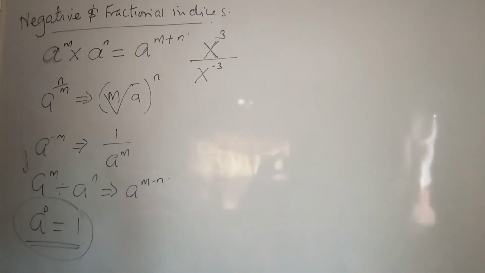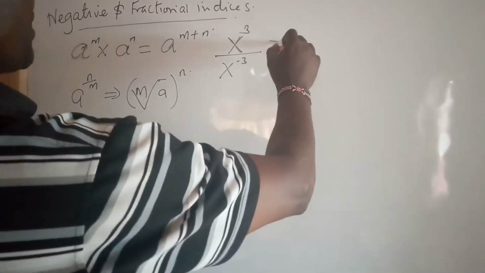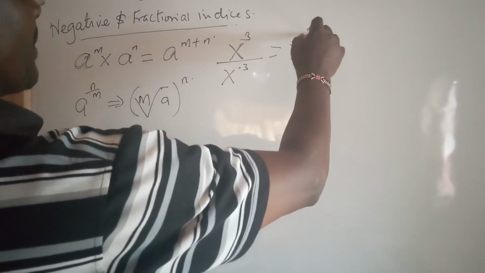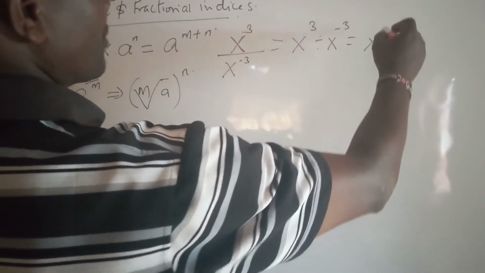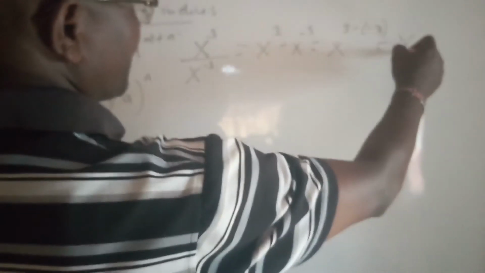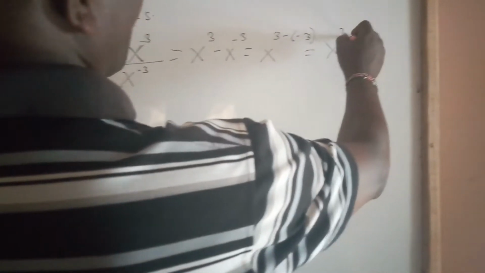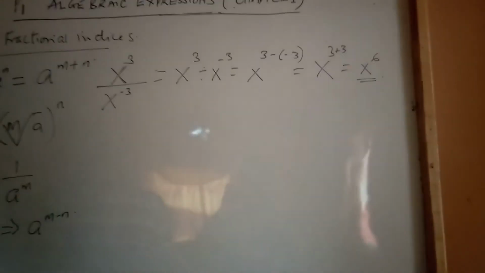This is simply going to follow the law of division: x raised to power 3 divided by x raised to power minus 3 is x raised to power 3 minus negative 3, which is basically x raised to power 3 plus 3, which is x raised to power 6. And that is how we get x raised to power 6.